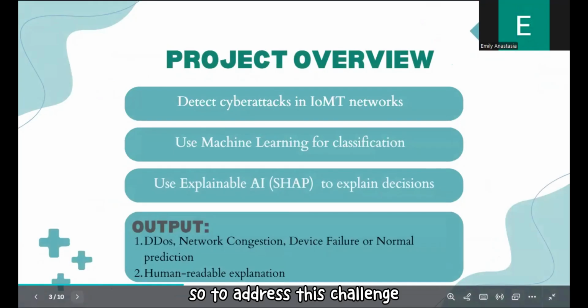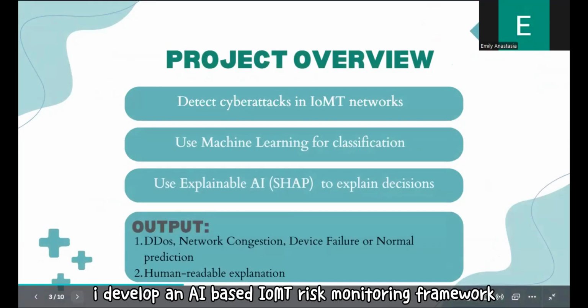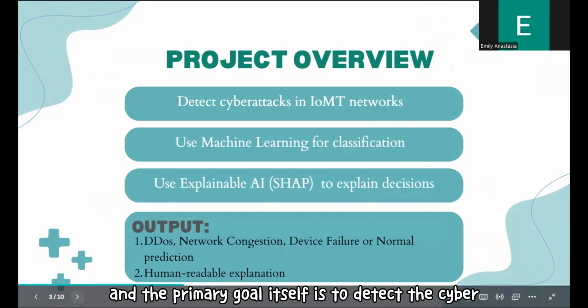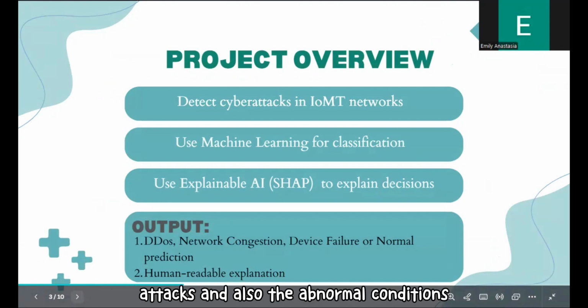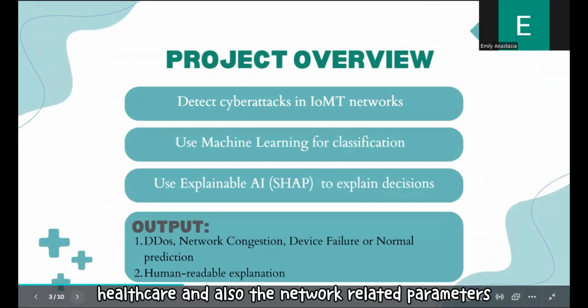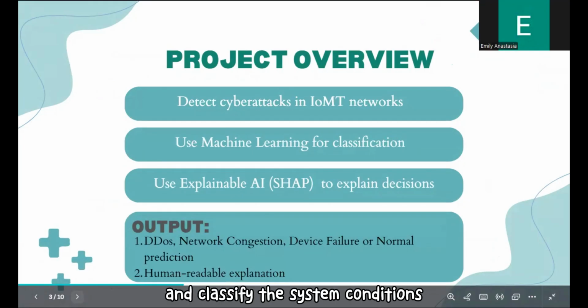To address these challenges, I developed an AI-based IoMT risk monitoring framework. The primary goal is to detect cyber attacks and also abnormal conditions within IoMT networks. The system uses machine learning, specifically the model I will introduce in the next slide, to analyze healthcare and network-related parameters and classify the system conditions.